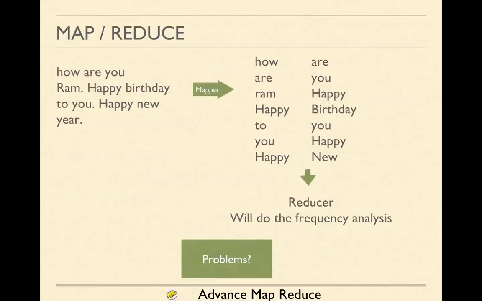Imagine that the text which we have downloaded from Wikipedia or entire chats looks like this. How are you, Ram? Ram, happy birthday to you, and then Happy New Year. Our mapper would convert this text into key value pairs. Say, how, are; you, Ram; happy, birthday.